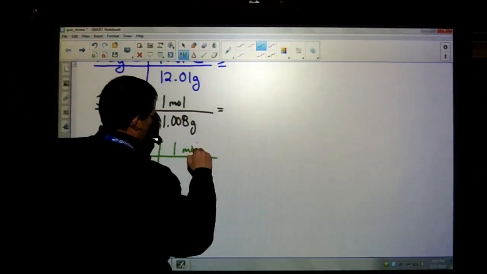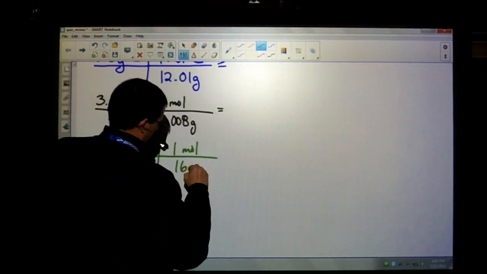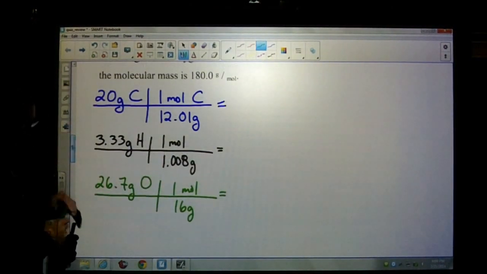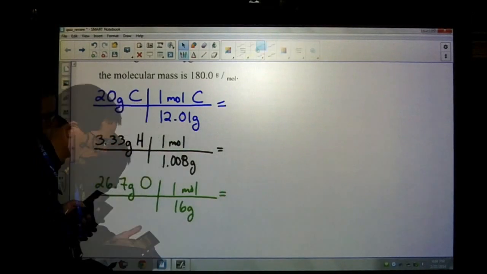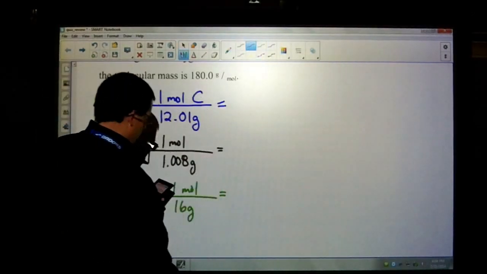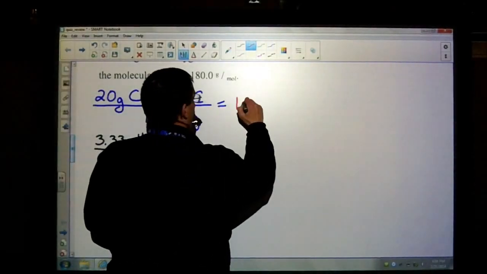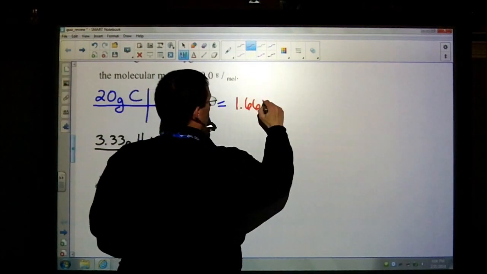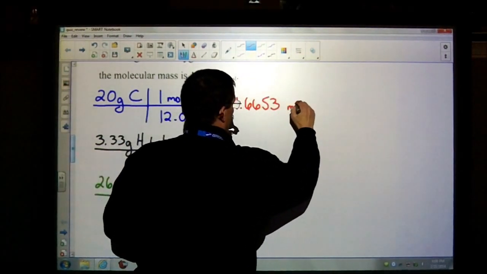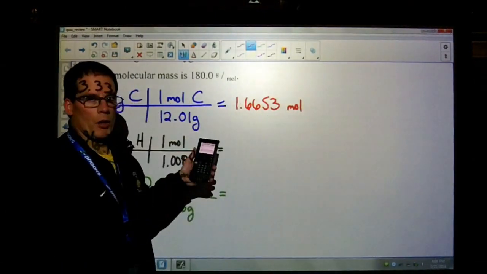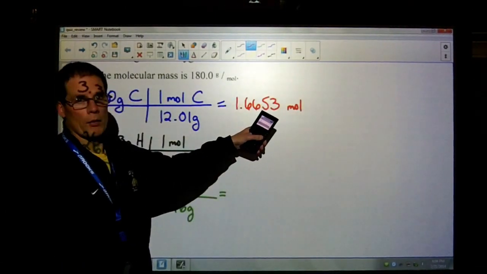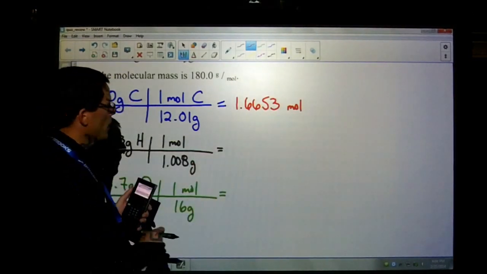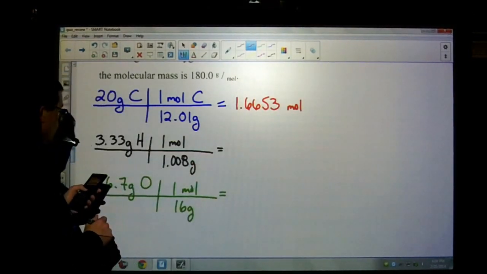And 1 mole of that is 16 grams. So let's find out how many moles of each of these we have. All right, so for my carbon, I have 1.6653. Now, I know what some of you are thinking. That's 1 2/3. No, that's a mole amount. So we're not going to fractions yet. We have to find the smallest number ratio before we can do anything.